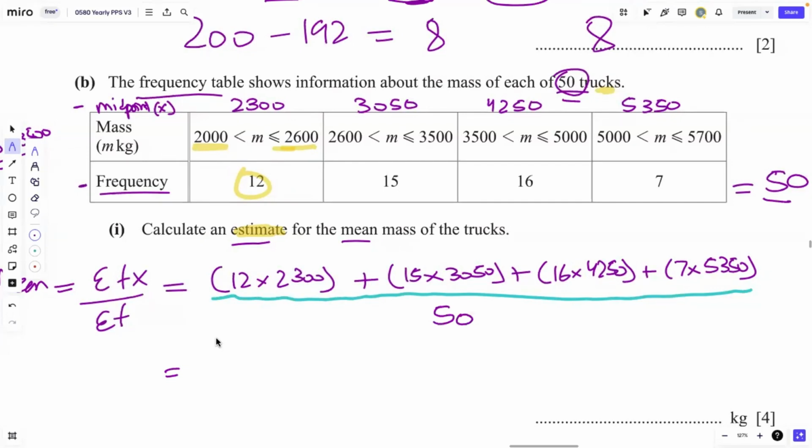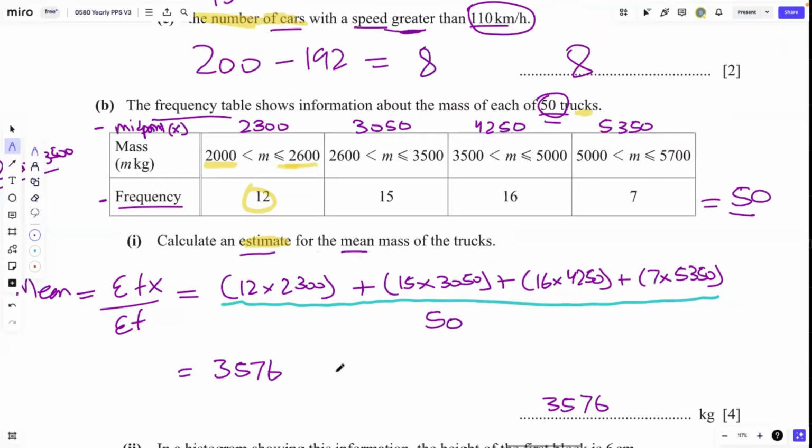And then the whole thing, either you can add them up, get the answer, and then divide by 50, or you can just do that in one go as well, like I did. So that's going to be 3576 as the mean that you get for this answer.